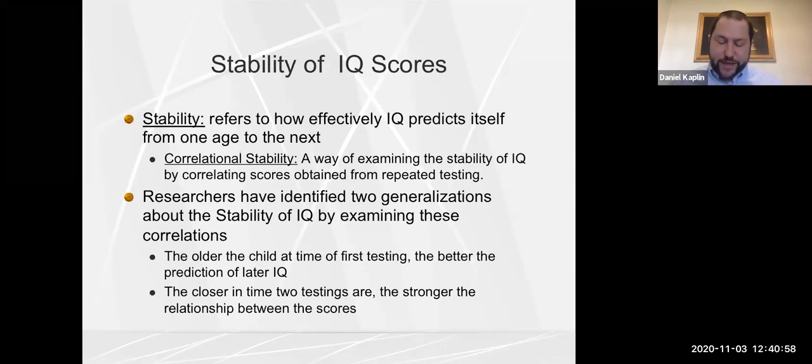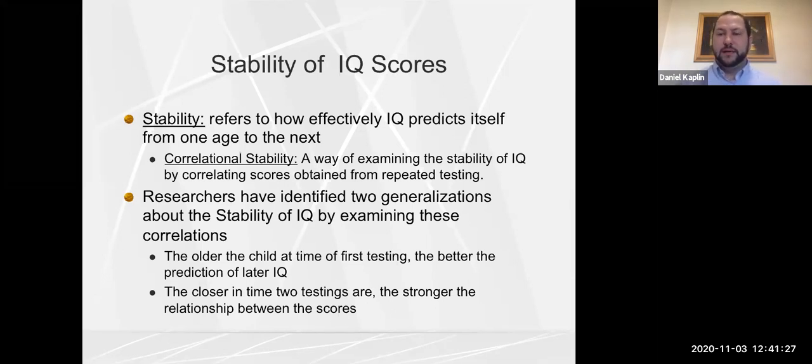Now, this question goes back to lecture 1, where we had a debate whether in development things remain stable or whether they change across the lifespan. But here, as we apply it to IQ, we found 2 patterns. The first thing is that the older you are at the first IQ testing, the more stable the IQ is at the second testing, or the more it predicts later IQ.